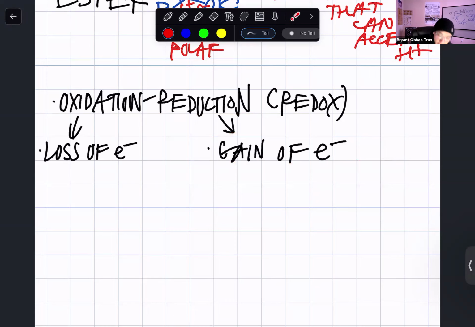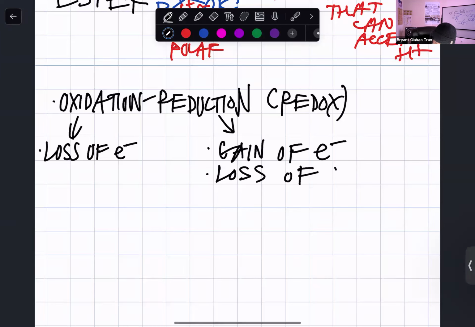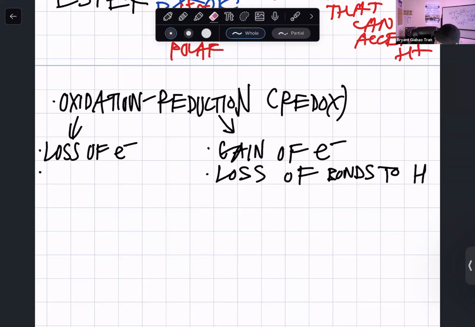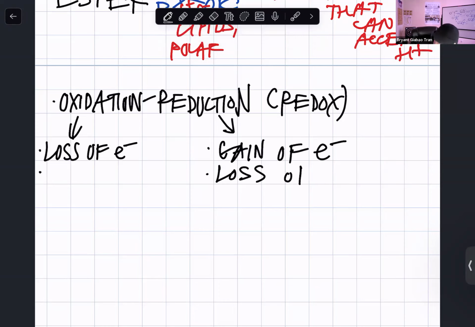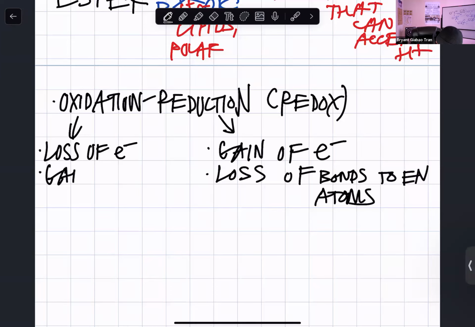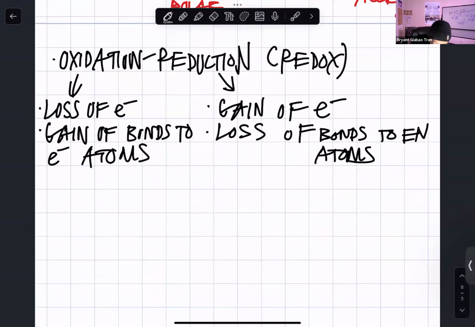But it's actually going to be the gain of electrons. So I like to think of it more directly by thinking of reduction as the loss of bonds to hydrogen, whereas oxidation is going to be the loss of bonds to electronegative atoms, right? So reduction is going to be the loss of bonds to electronegative atoms, and oxidation is going to be the gain of bonds to electronegative atoms.